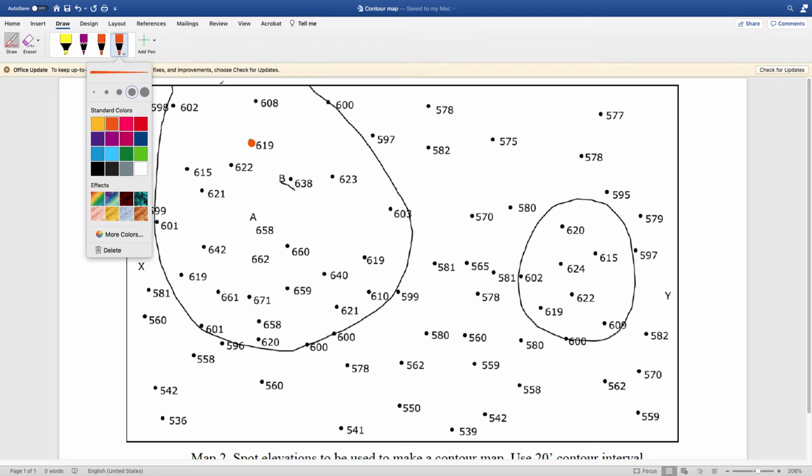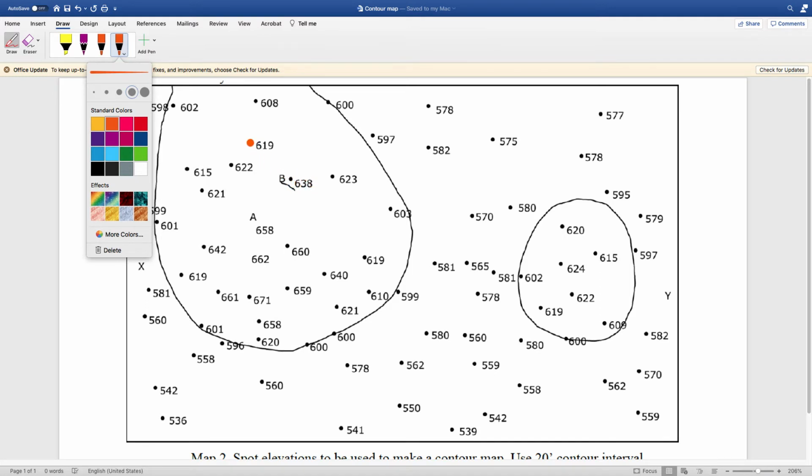So I know that the land surface is going up in this direction from 619 to 622. And it's also going up in this direction from 619 to 638. So it's going to go up 619, 20, 21, 22, 23, 24, 25, all the way up to 638.